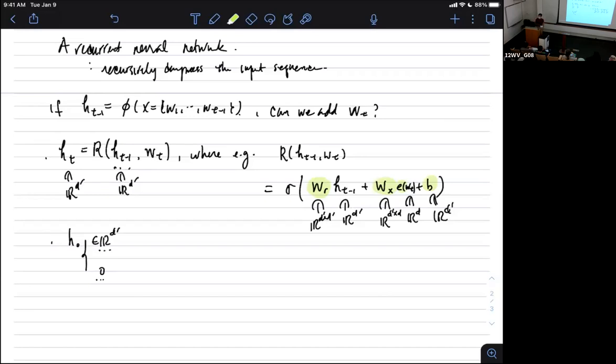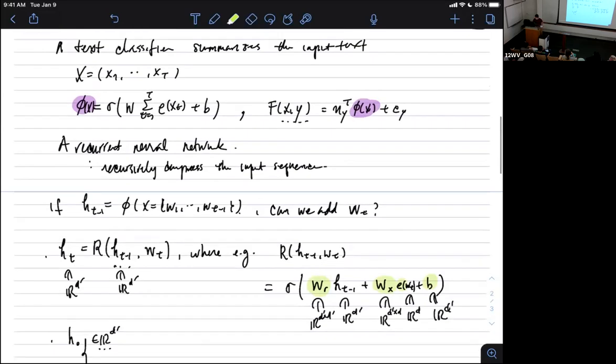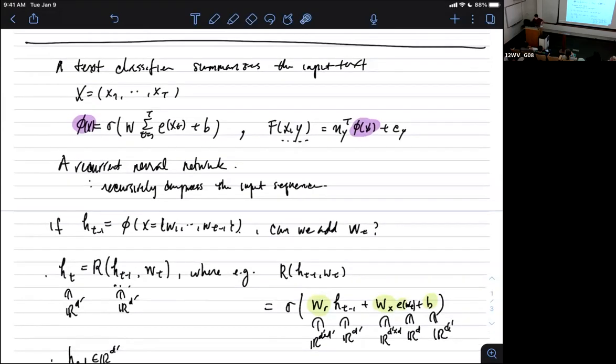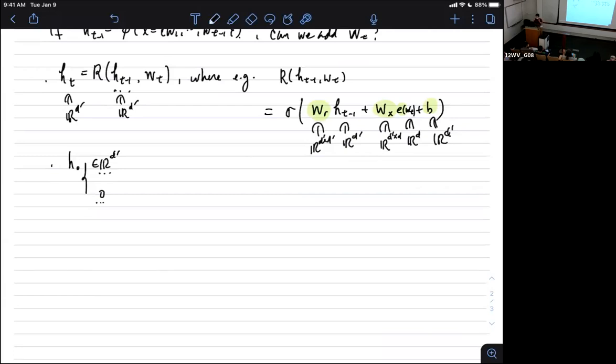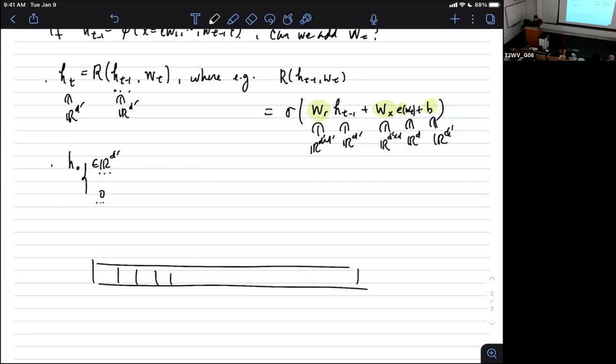One is compression of the input. And two was this scoring function. It is simply computing the dot product between the class embedding and this compressed representation of the input. Now here, we actually already have it. So let's imagine that we get the stream of input words.